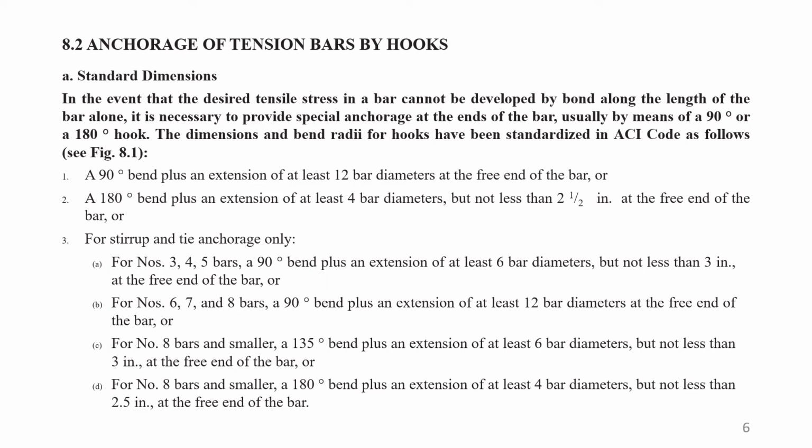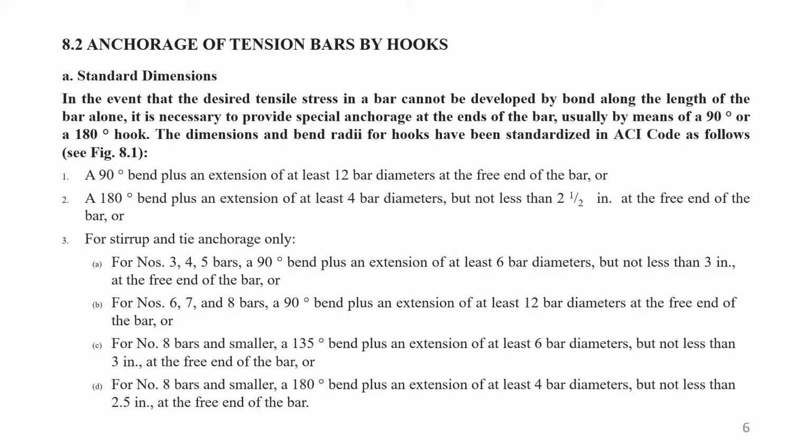That is, there are the main bar and stirrups coming up. The main bar is a big bar, big size bars, and stirrups are small size bars. In the main bar there are two types of hook or bend. One is a 90-degree bend and the other is a 180-degree bend. You can see that in figure 8.1, in the top two figures.